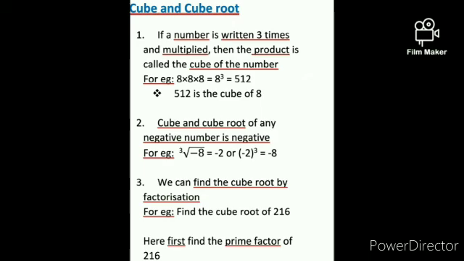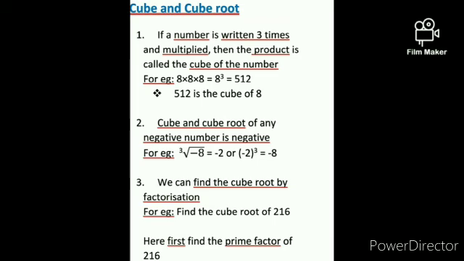For example, cube root of minus 8 is equal to minus 2, because when we multiply minus 2 into minus 2 into minus 2, minus 2 into minus 2 becomes plus 4. Plus 4 into minus 2 becomes minus 8. So, cube root of minus 8 is equal to minus 2, or minus 2 cube is equal to minus 8.